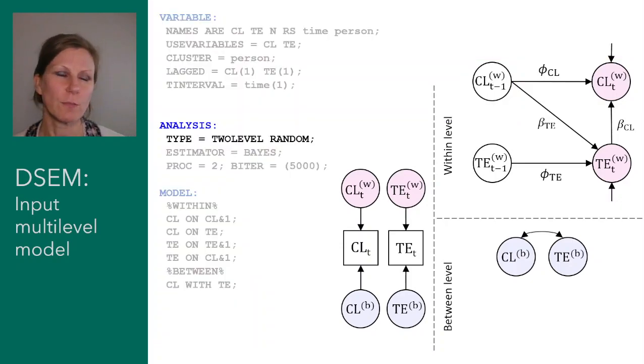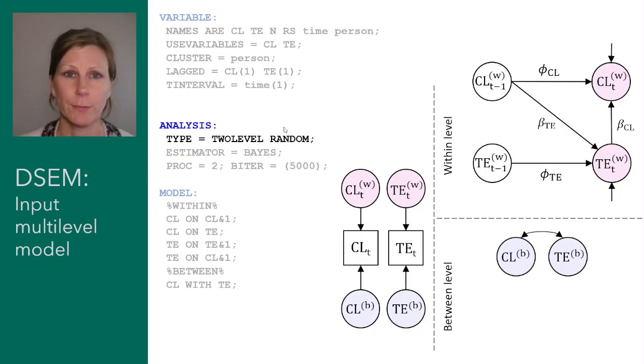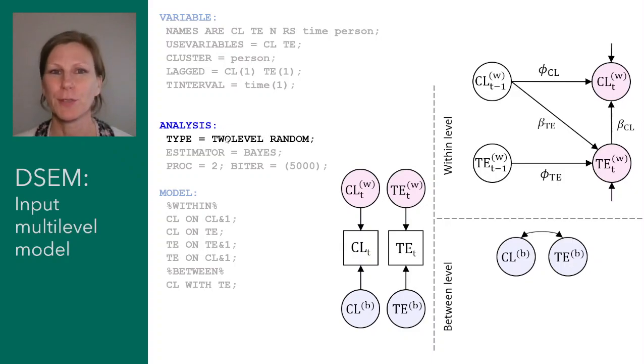We can extend this model by adding random slopes. And this is how we do it. We start by saying that the type is not only two-level, but also random. And then I can include random slopes or also random variances if I want. We will see that later. But for now, we're going to look at the random slopes.